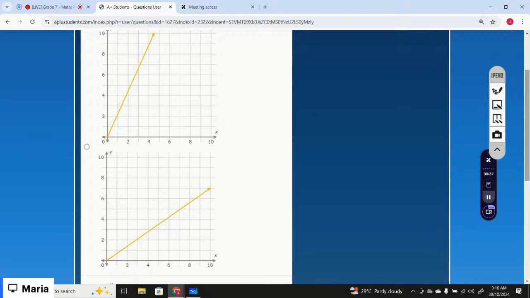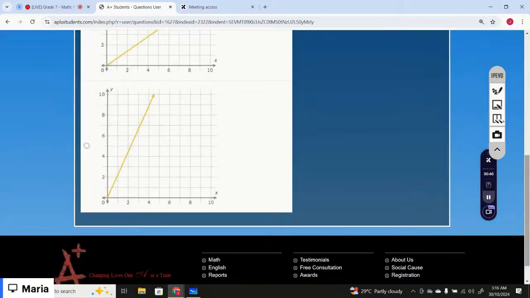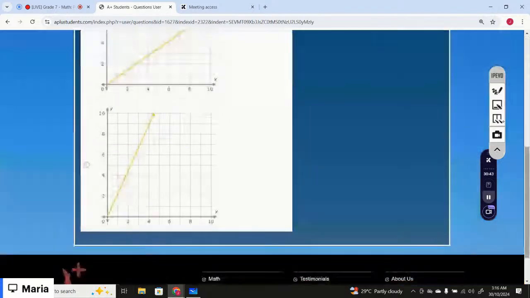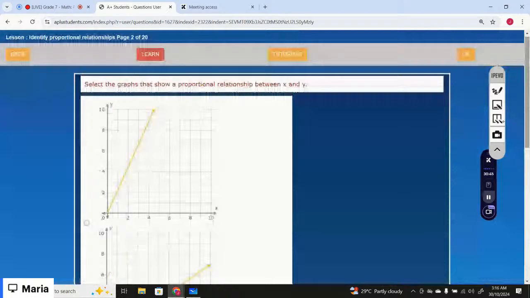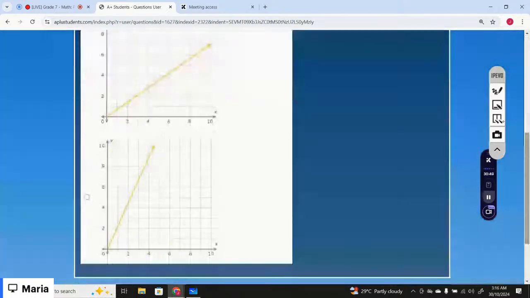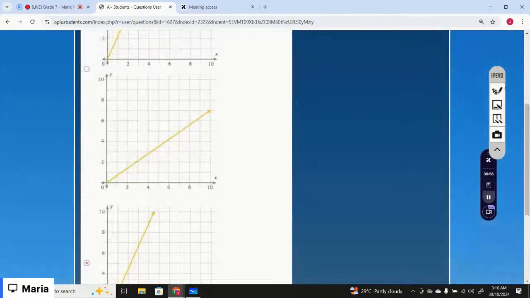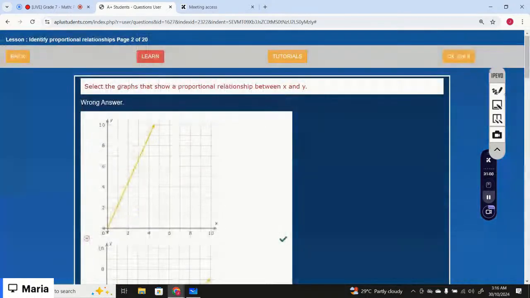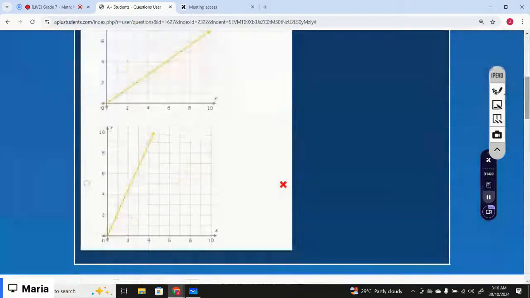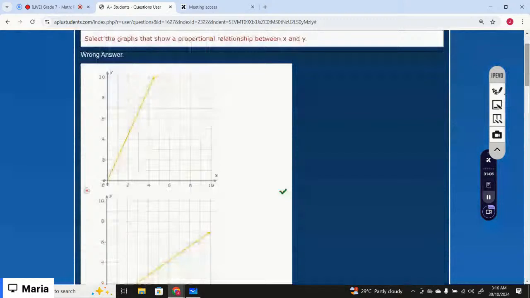The correct option is... you are given three options. They are all straight lines, so the options are too confusing, isn't it? But why is it wrong? That's a straight line passing through the origin.